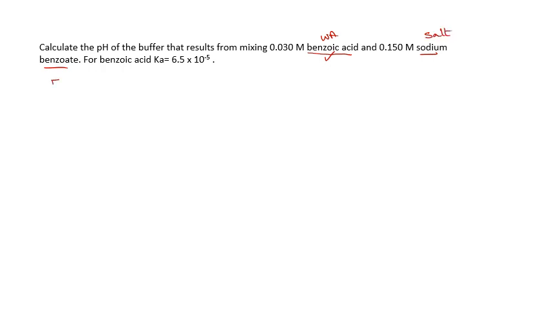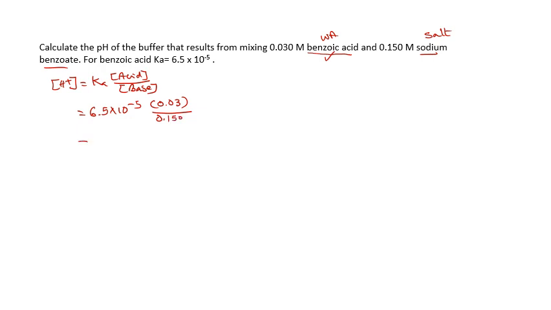So we can go ahead and substitute in our formula. Concentration of hydrogen ion equals Ka times concentration of the acid divided by concentration of base. And now let us substitute 6.5 times 10 to the power negative 5. Concentration of the acid is given as 0.03 and concentration of the base is given as 0.150.